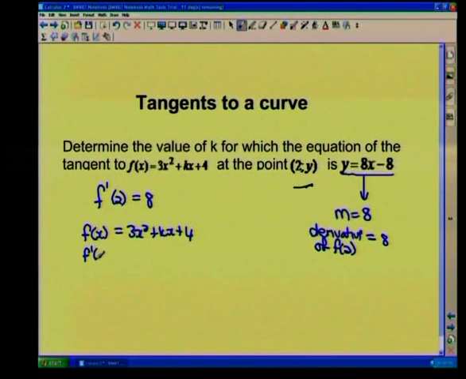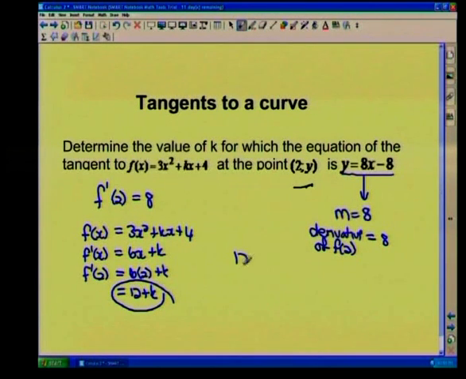So f dashed of x will be 3 times 2, which is 6x, plus k. Now f dashed of 2 is going to be 6 times 2 plus k, so it's 12 plus k. But they have told me that this 12 plus k must in fact equal 8. And so k is equal to 8 minus 12. In other words, k is equal to minus 4.